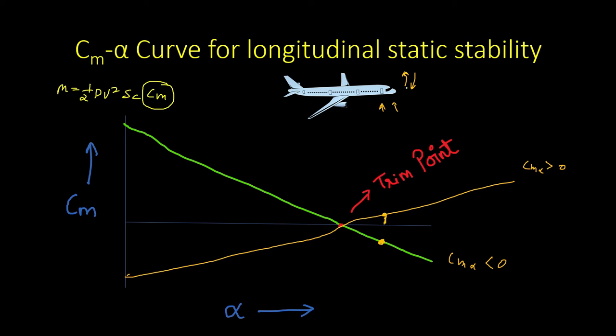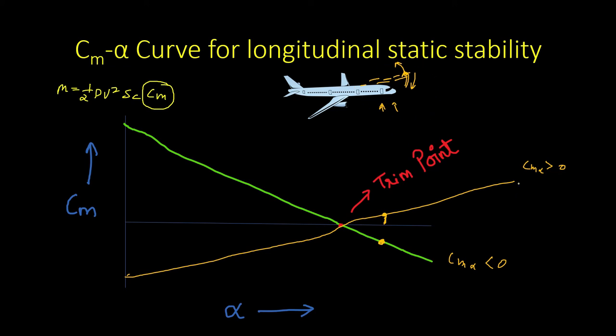Now the aircraft has already reached some position somewhere here. Now since there is a positive moment, it will move further up. It will further pitch up. Now since it will further pitch up, again angle of attack will increase, and aircraft will keep on pitching upward and upward. So this is a destabilizing condition.